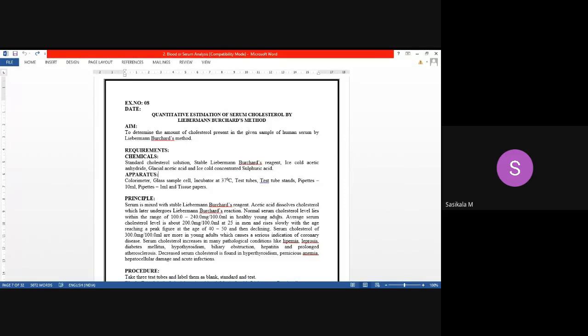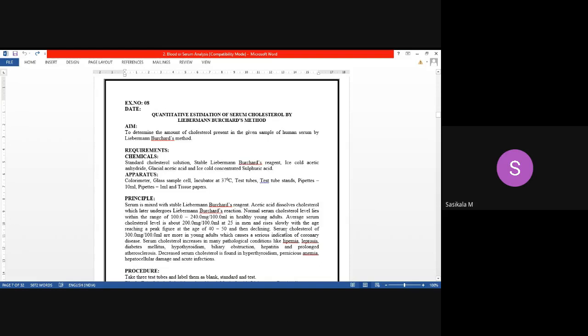Kindly go through that. The average serum cholesterol level is about 200 milligram per 100 ml at 25 in men, and rises slowly with age, reaching a peak at the age of 40 to 50. So it rises slowly from 25 to 50. When it increases with age, the cholesterol level also slowly increases. Then it will be declining.